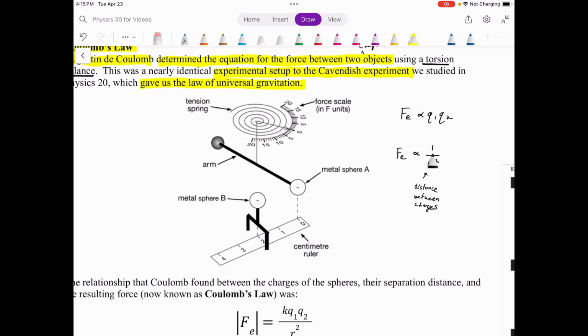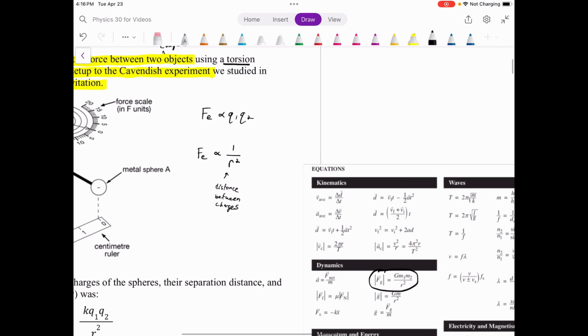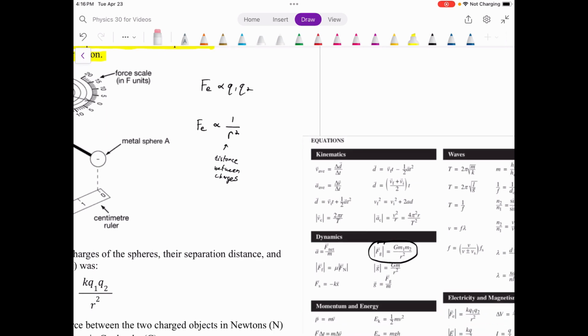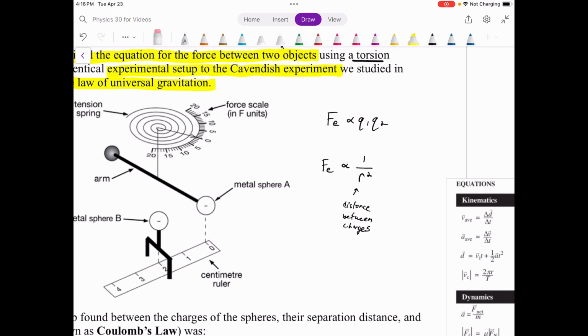But not only is it inversely proportional to r, it's inversely proportional to r squared, much like the gravitational law, Fg equals Gm1m2 over r squared, right? So what that means, again, remember, if we double r, we don't make Fe 2 times smaller.